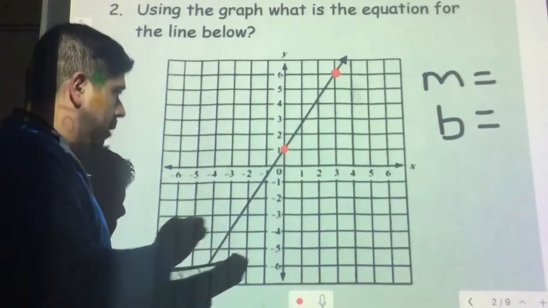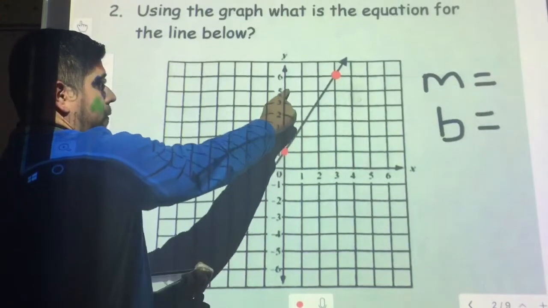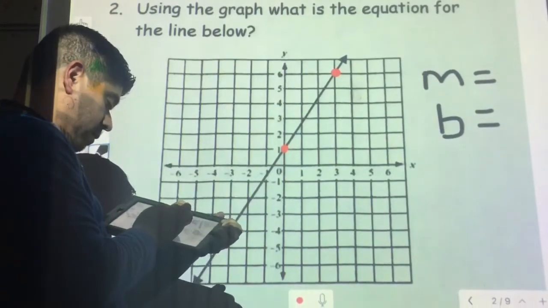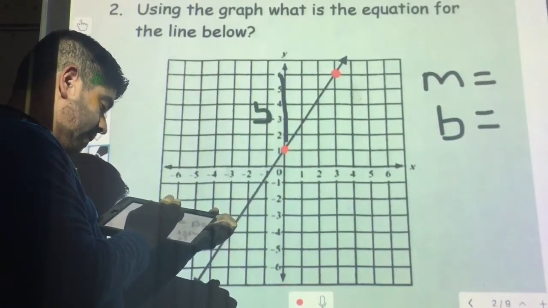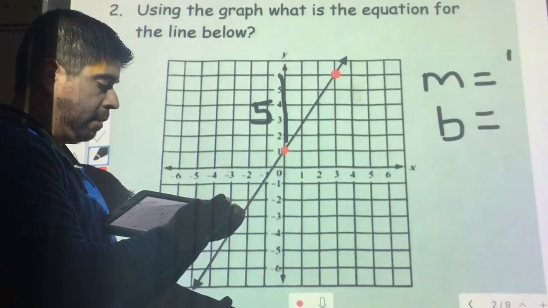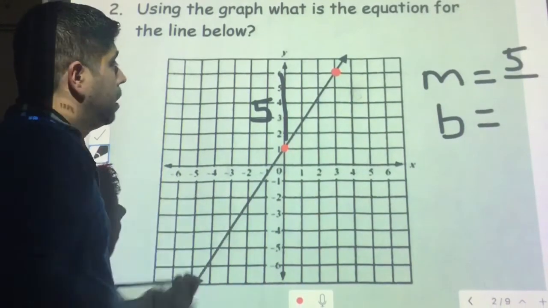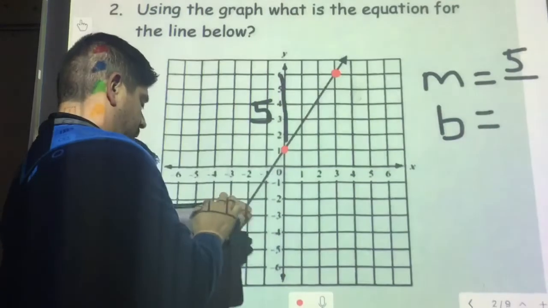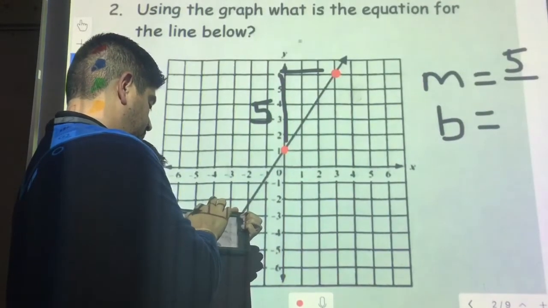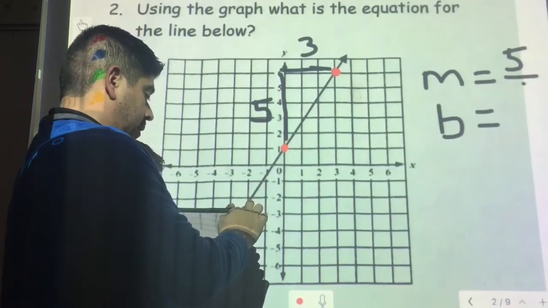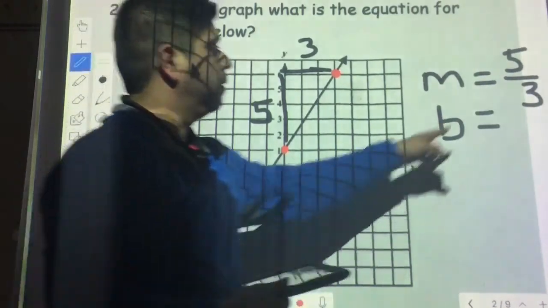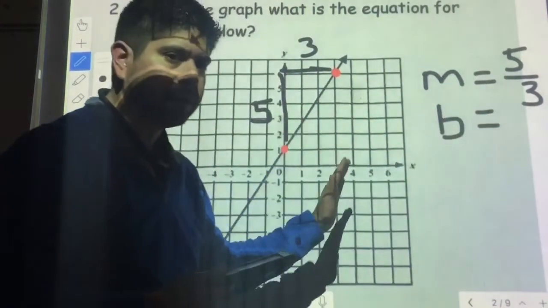So how many do I go up? 1, 2, 3, 4, 5. This goes up 5. That is my numerator. Then it goes over 1, 2, 3. Going to the right, 3. So my slope is 5 over 3. It doesn't reduce down anymore.